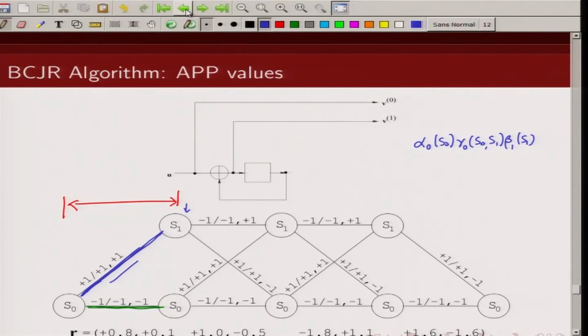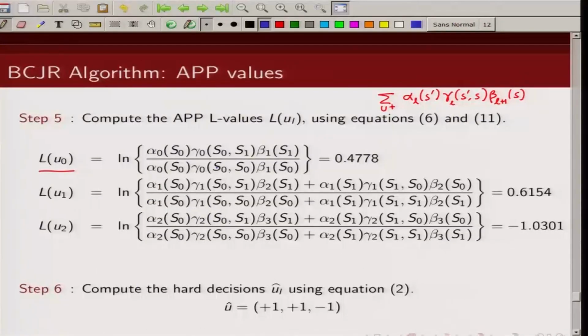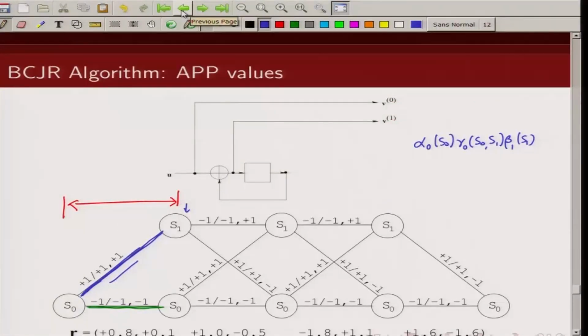So, we will now look at the denominator term. We have to look for all those transitions corresponding to U being minus 1, and there is only one such transition. So, the denominator term would be alpha 0 S 0, gamma 0 S 0 S 0, and beta 1 S 0.